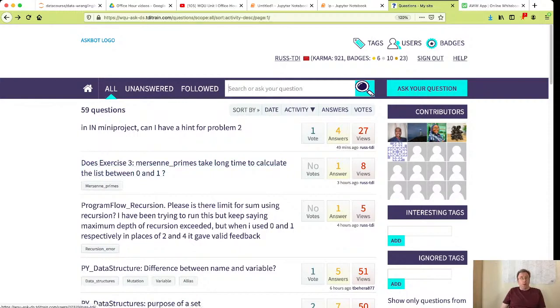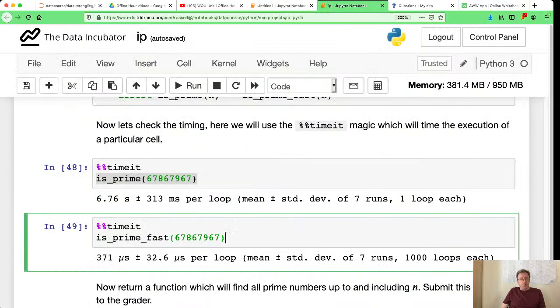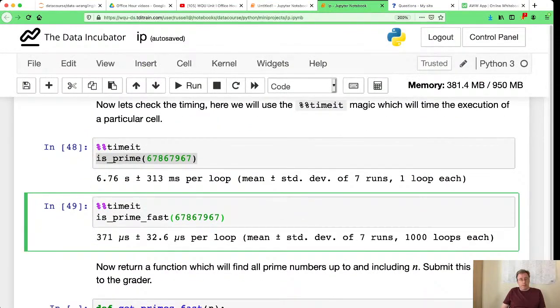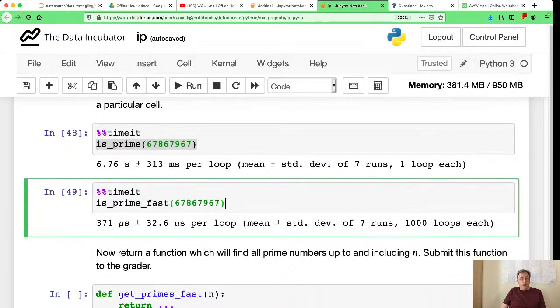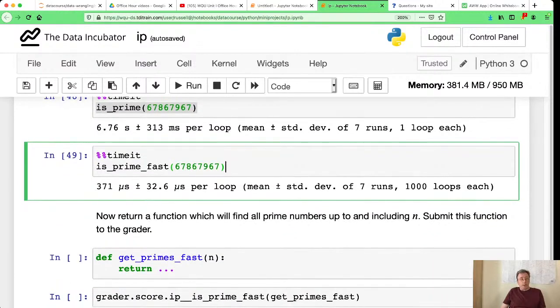But there is a way we could speed things up a bit more. Namely, if we have a prime number larger than 5, then that prime number is equal to 6 times some number k plus 1 for some k, or is equal to 6 times k plus 5 for some k.